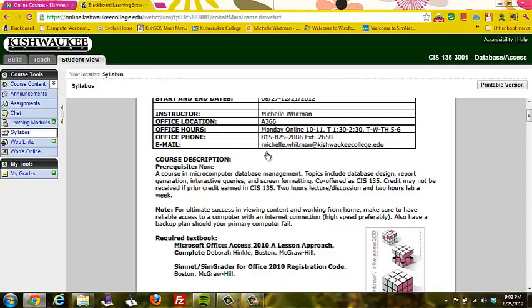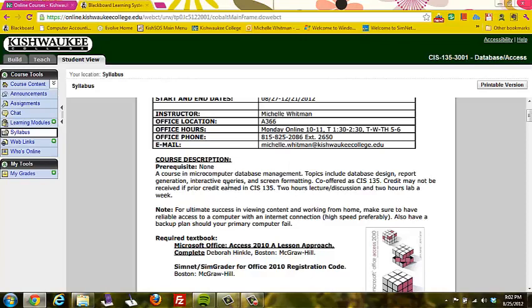I really prefer you to email me right here at kishwaukeecollege.edu using your Kishwaukee College email address so that I know who I'm talking to. Please note which class that you're in, and also please make sure that you are telling me who you are, because not always your email at the beginning of this is very clear.